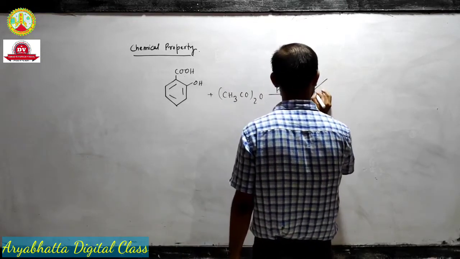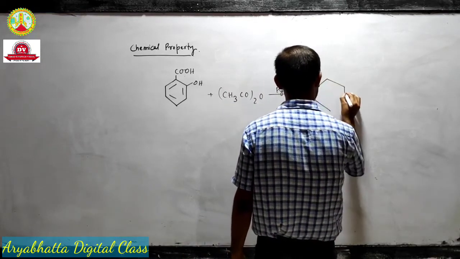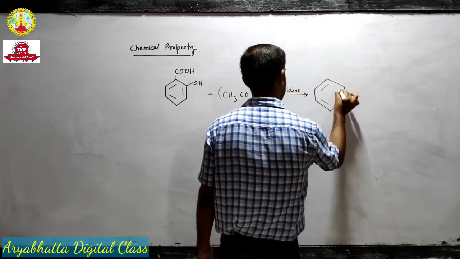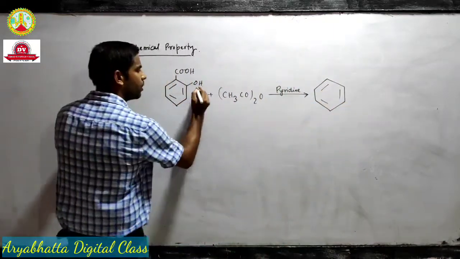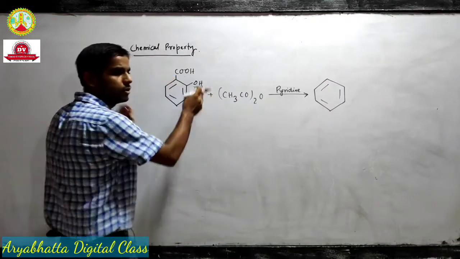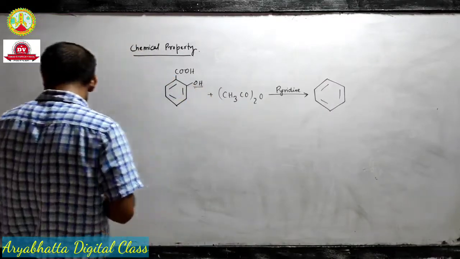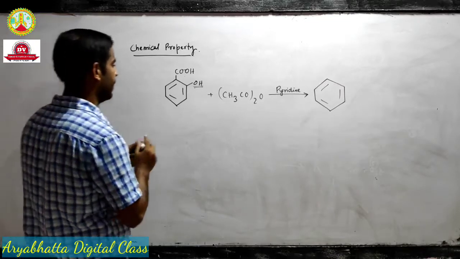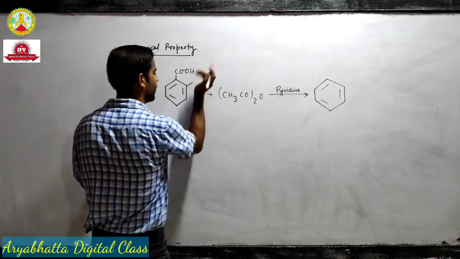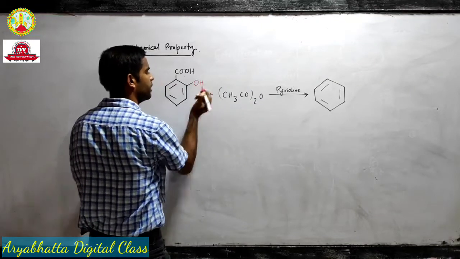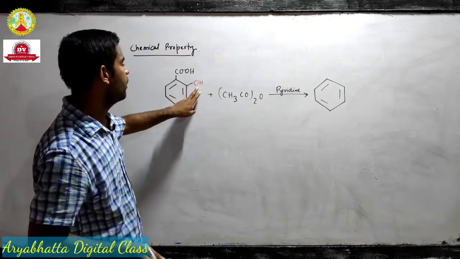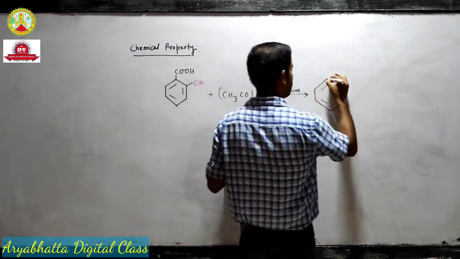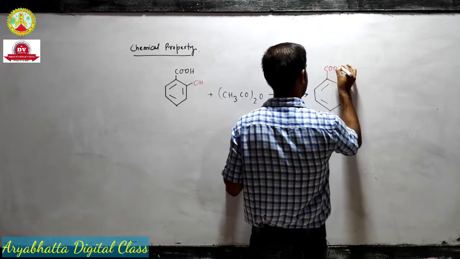It will produce, so you see this will change where we have the hydroxyl group attached. Okay, let me write it in red color. So this hydroxyl part will change only, the rest of the part will remain the same.